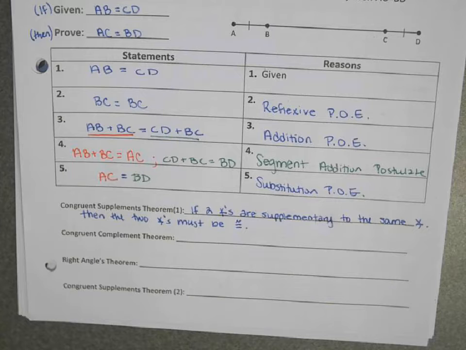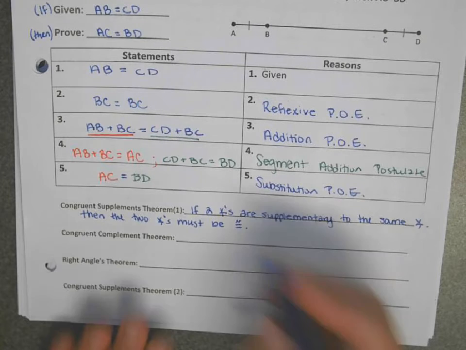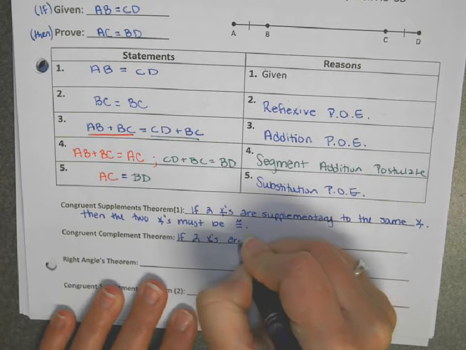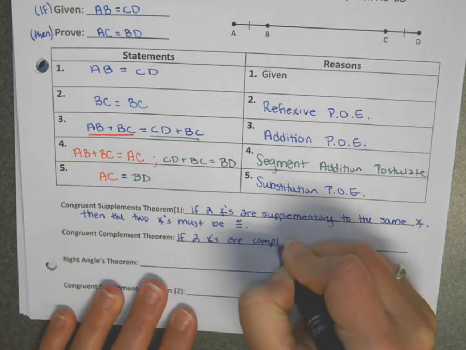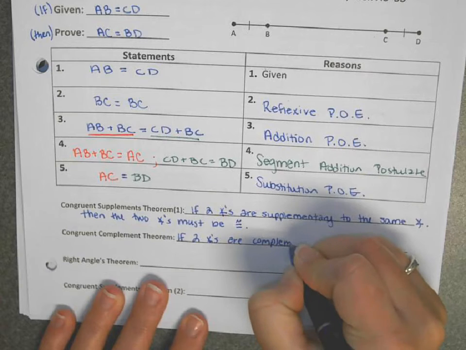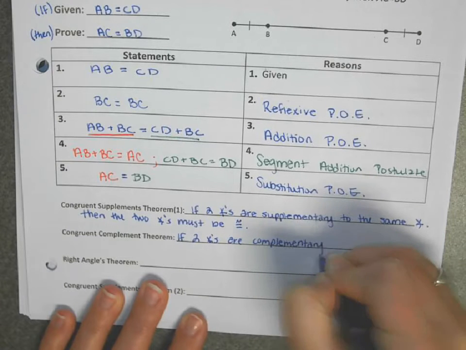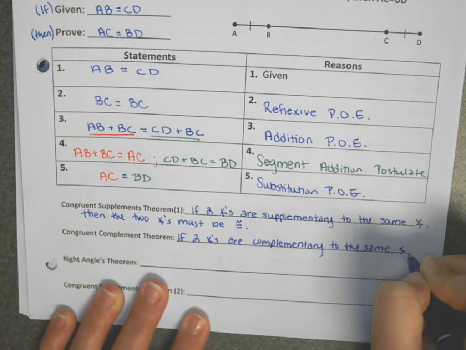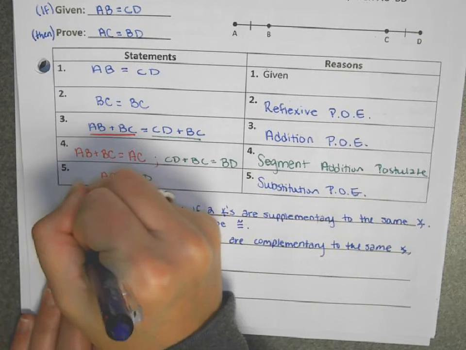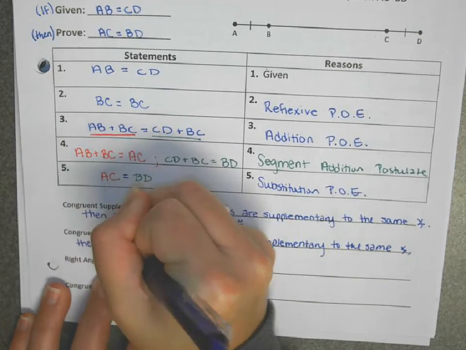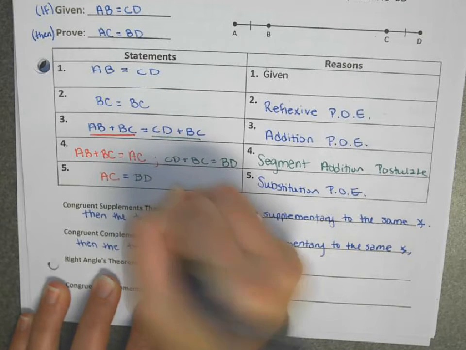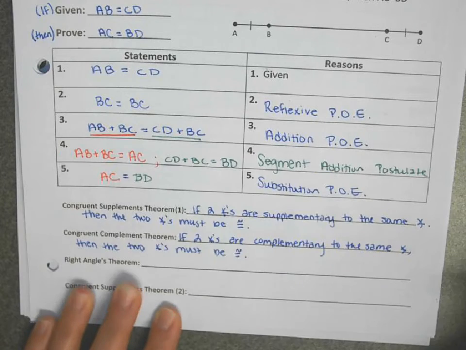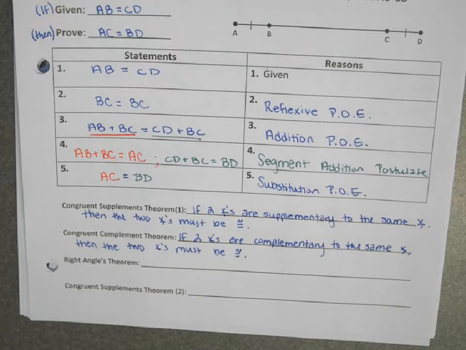The congruent complements theorem is very similar to that and says if two angles are complementary to the same angle, then the two angles must be congruent.